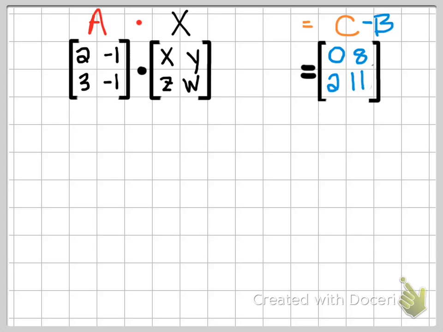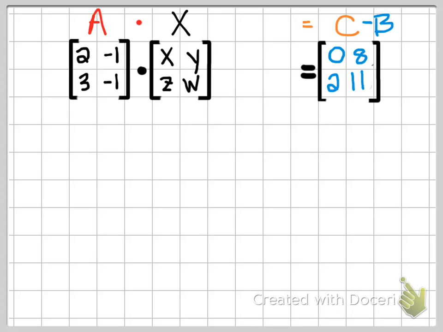So again, from our previous steps, now that I have my unknown matrix being multiplied by matrix A, I need to create the identity matrix through multiplication, the multiplicative identity through a matrix.